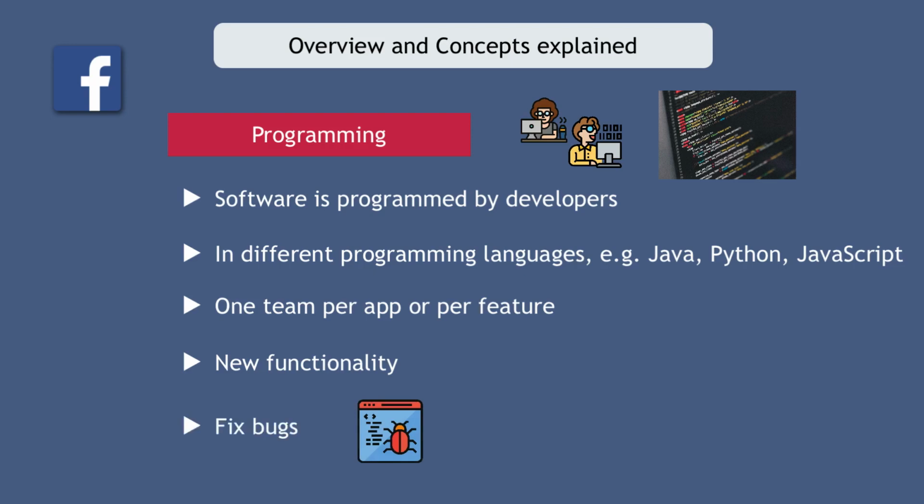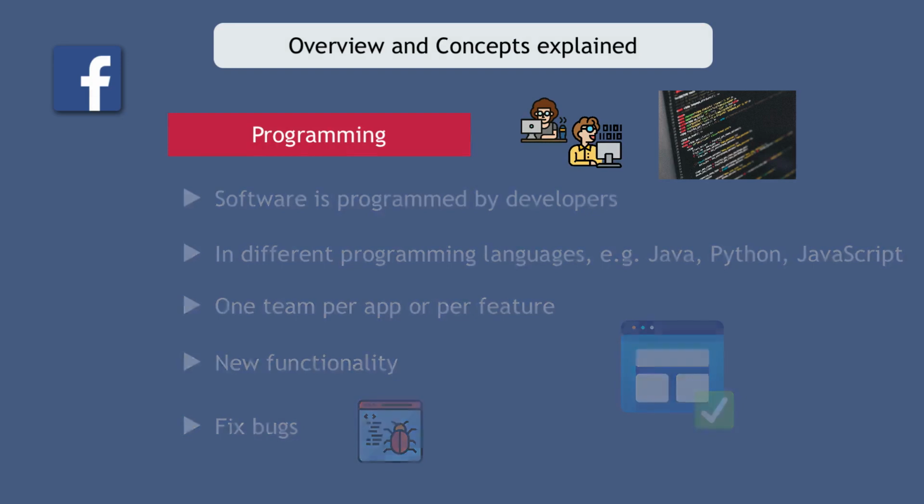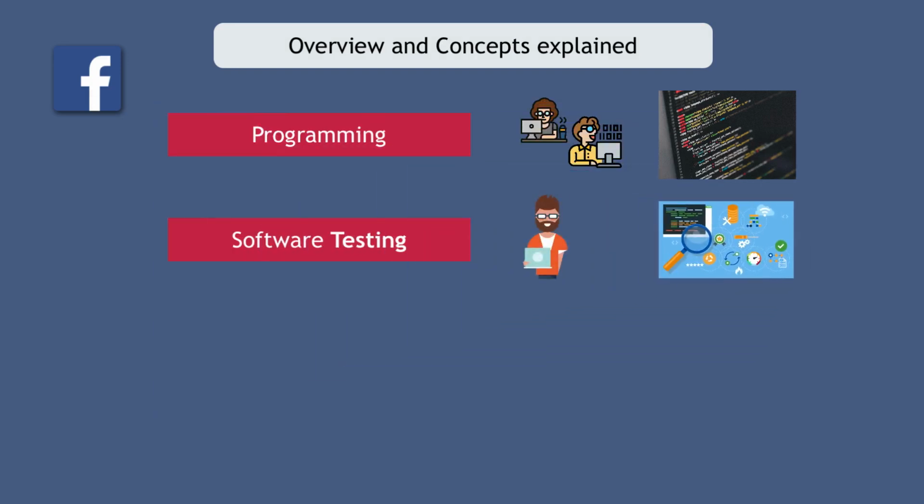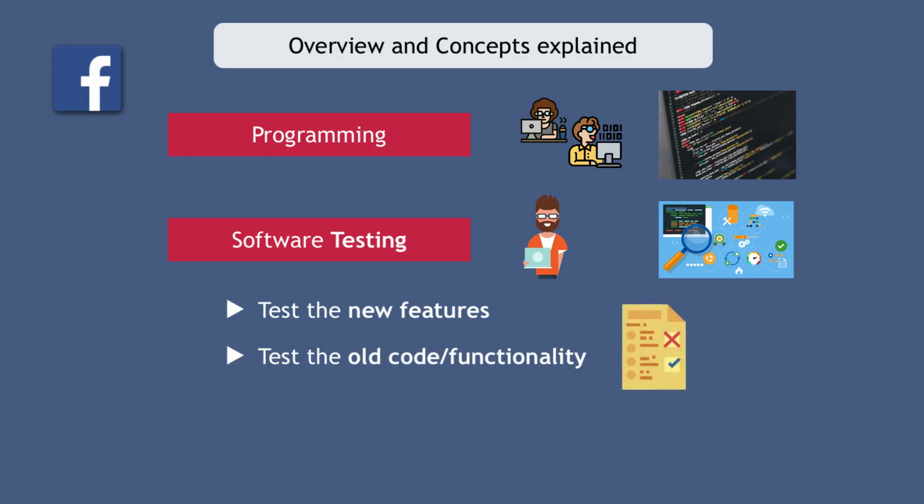So once the development process is done, so to say, the feature is developed and it's functioning, the next step is to test the application. If you have an existing complex application where you add new features and fix bugs all the time, of course, it's important to make sure that the code changes didn't break the existing functionalities. So that when Facebook releases a new version, you can still log in, you can still chat, upload pictures, and everything else works as well.